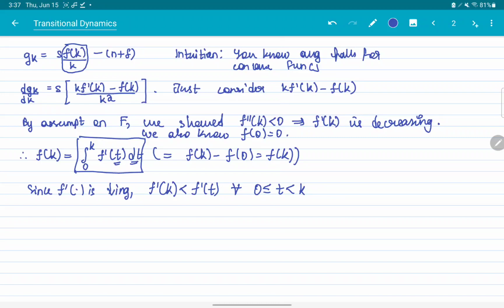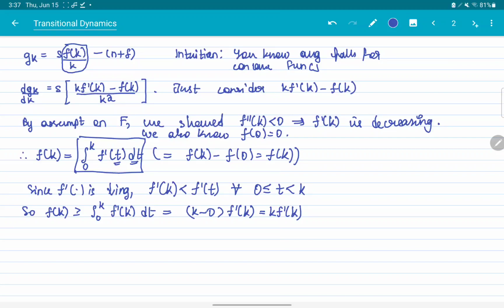So the value that f dash takes at k must be lower than the values it has taken before that. So f of k is greater than or equal to the integral of f dash k dt, and this in turn is just equal to k minus 0 times f dash k, which is k f dash k.